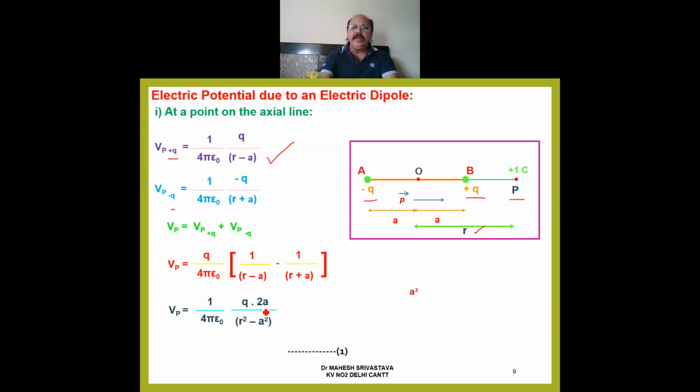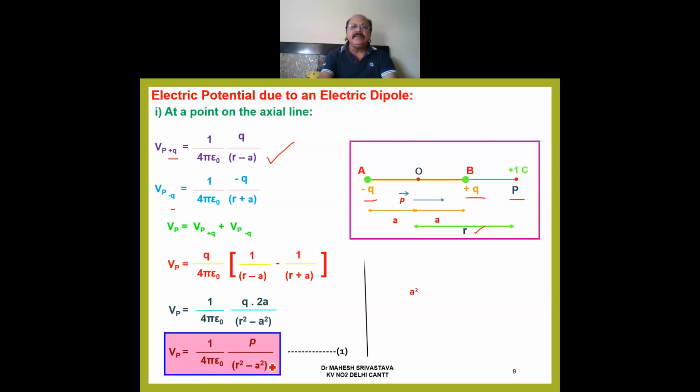So Q into 2a is electric dipole moment, that is P. So electric potential at point P on the axial line of an electric dipole is Vp equal to 1 upon 4 pi epsilon naught P upon r square minus a square.